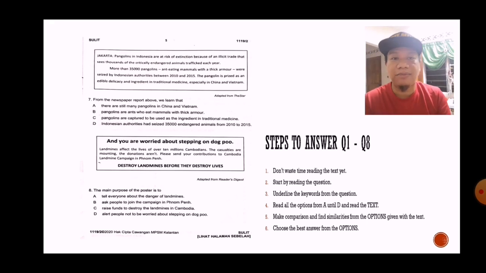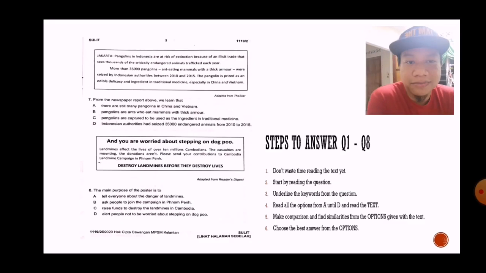Ditanam dalam tanah tu. B: Ask people to join the campaign in Phnom Penh. C: Raise funds to destroy the landmines in Cambodia. D: Alert people not to be worried about sleeping on dog poo. Poo means what? Poo means tahik.